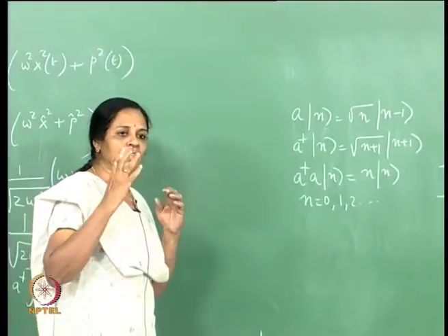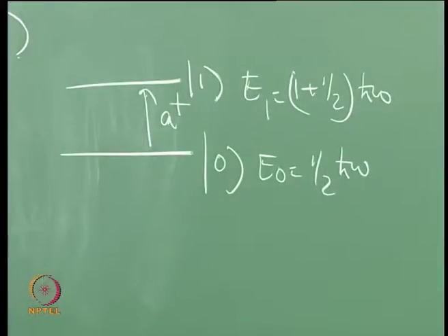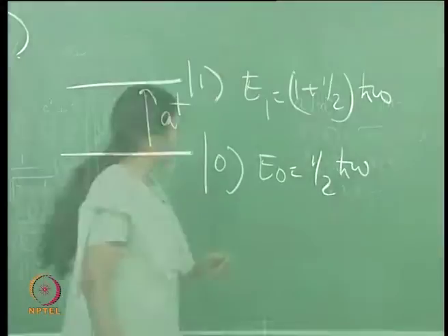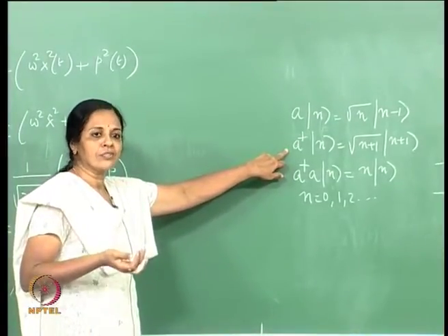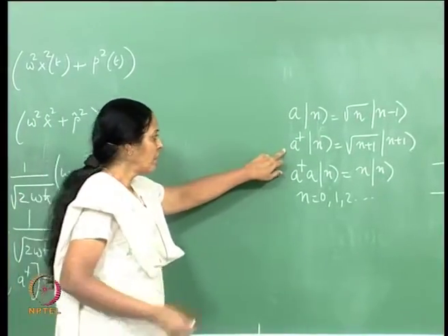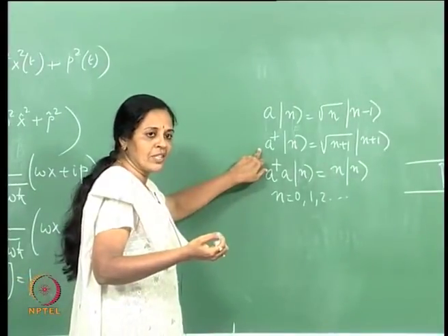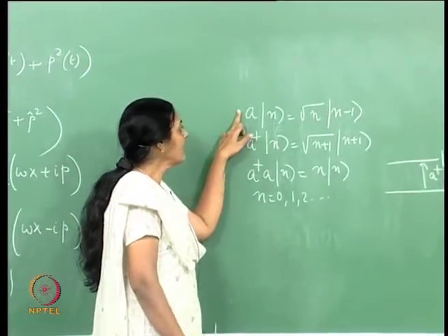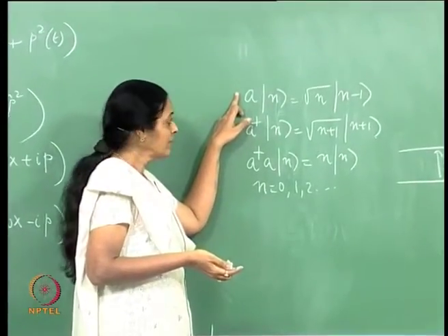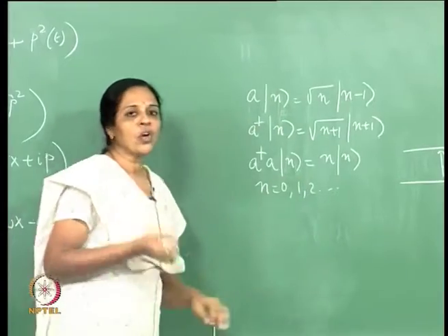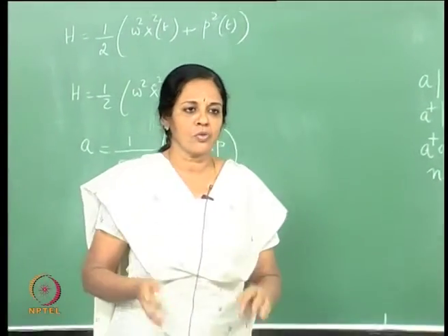I also know that a quantum of light, the photon, carries energy h cross omega, and therefore A dagger would be the operator that creates a photon, pumping in energy h cross omega into the system. A is the photon destruction operator which destroys photons. N is no longer a label, N is the number of photons.